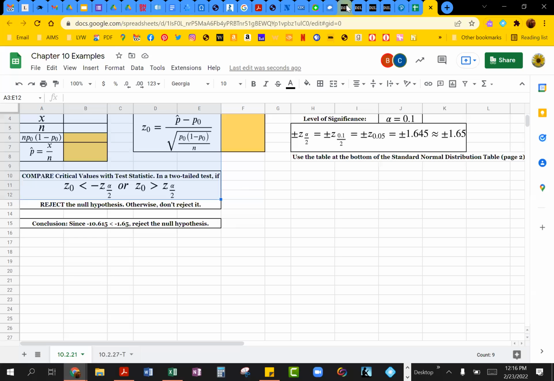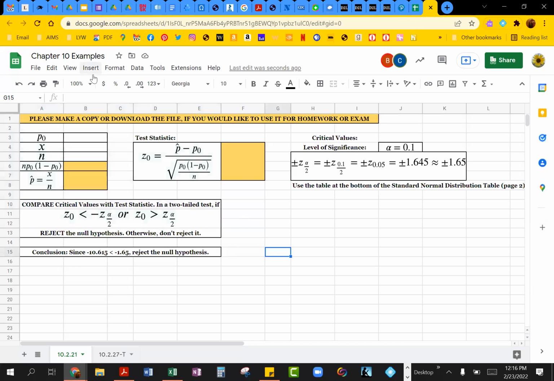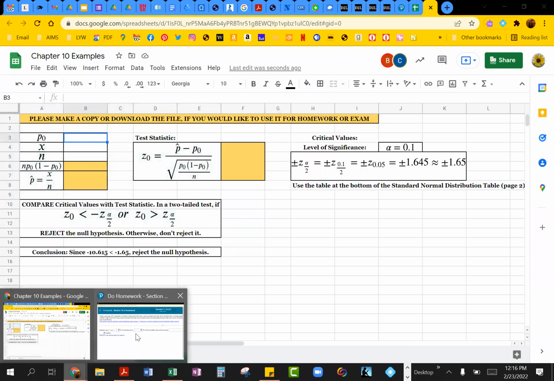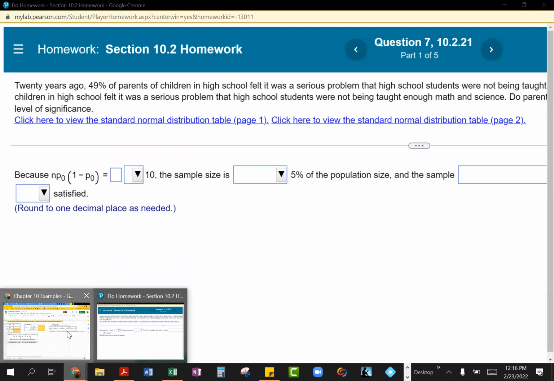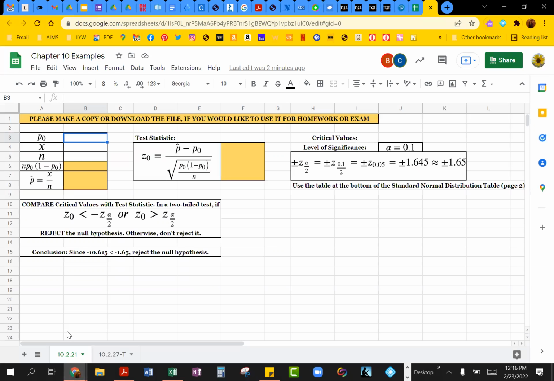So the first thing we're going to do is calculate what the parents are thinking right now. Let's take a look at how these calculations work out. They are saying that n times p naught and n times 1 minus p naught, we have to see whether it is greater than or less than 10, because for us to be able to do that hypothesis testing, we have to check these.